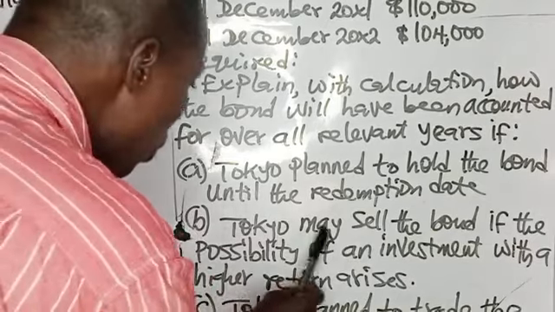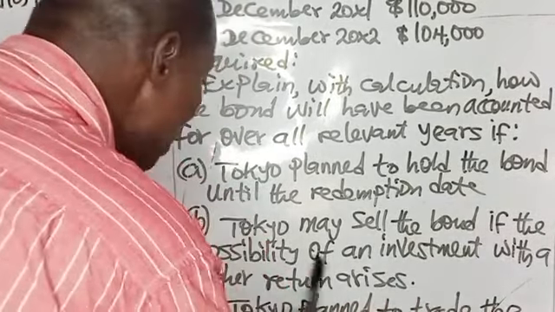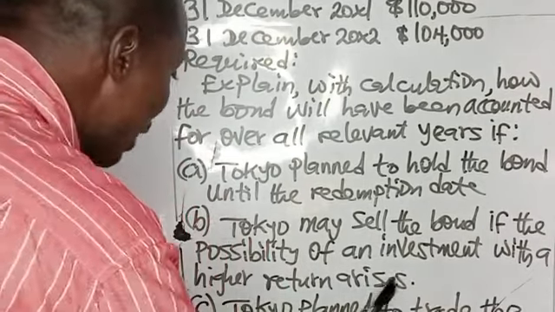B. TOCO may sell the bond if the possibility of an investment with a higher return arises.